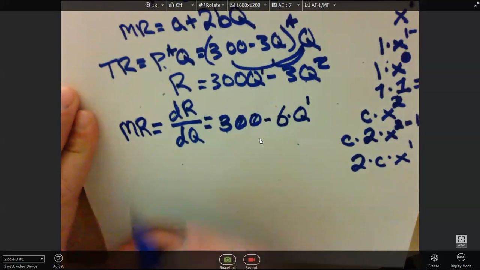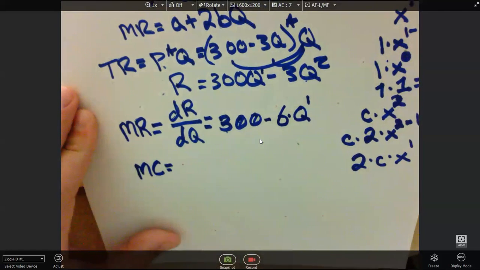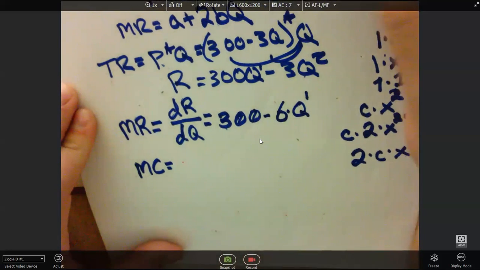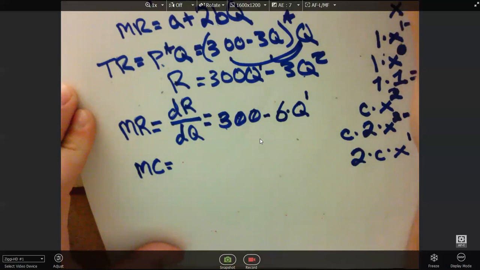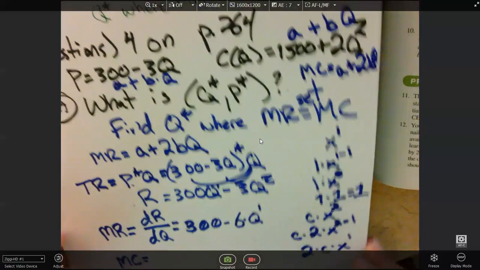My marginal cost is going to be the same situation here, where it's a plus bq, and the marginal cost is a plus 2bq. Sorry. So it's the same kind of situation.